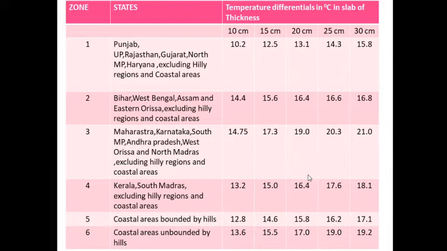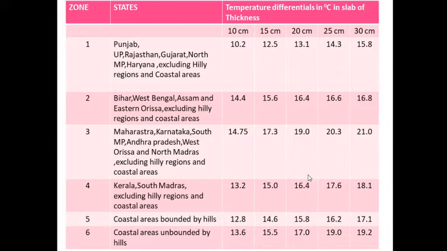If the slab thickness is 15 centimeter for zone 4, the temperature variation is considered as 15. Whereas for 20 centimeters it is 16.4, 25 centimeters 17.6, and 30 centimeters 18.1. This table is given by IRC. Using this table, we can determine the temperature difference.